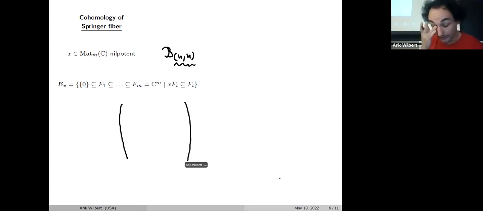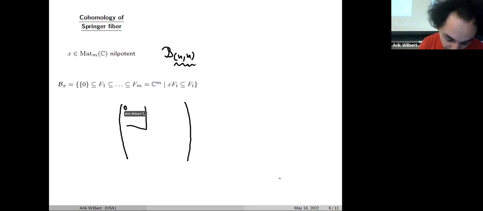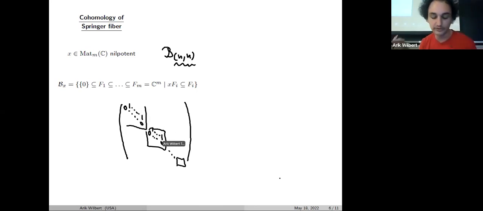So every nilpotent is basically conjugate to something in Jordan normal form, which for a nilpotent means eigenvalue 0. So I get all these Jordan blocks here, and let's say 1's up here. This is not a very good square, but you see what I'm getting here.